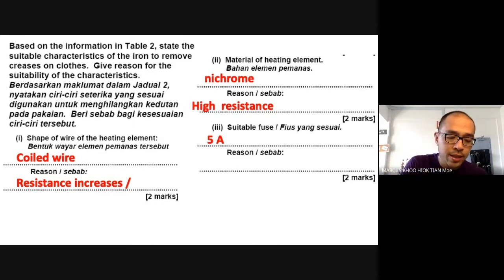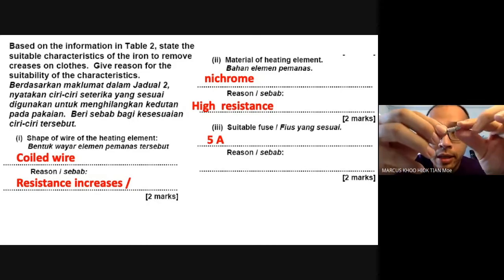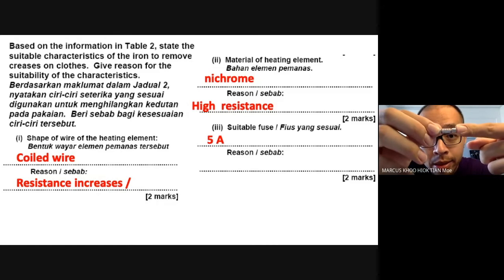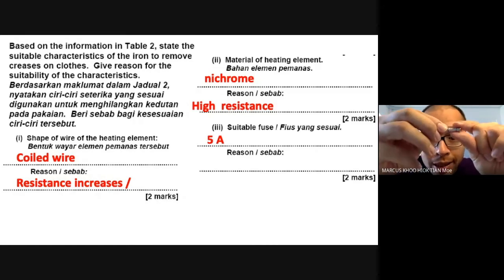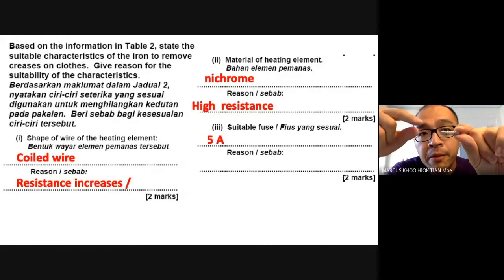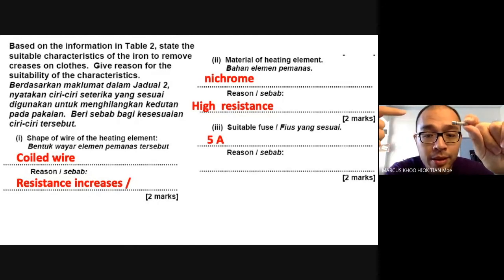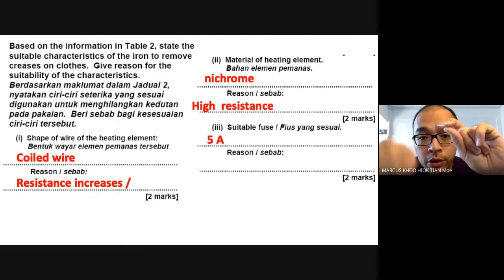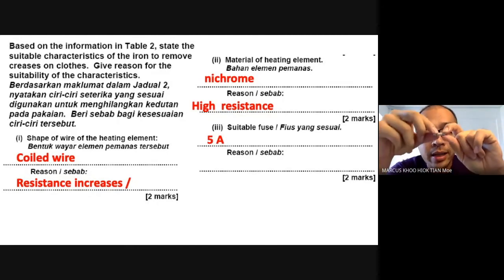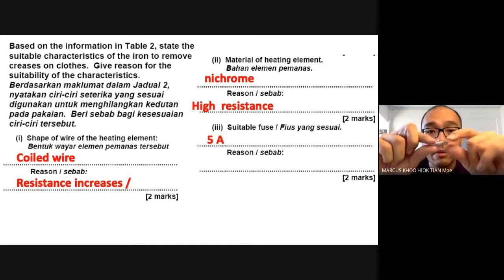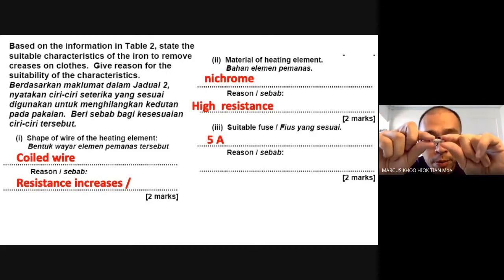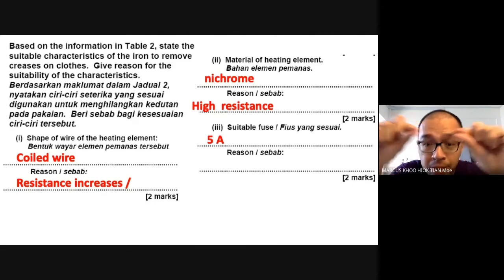So as I said just now, this particular fuse is 13 amps. That means if more than 13 amps of current flows into the plug, the fuse will automatically break. It is just a piece of wire actually. If you open this plastic, you actually look inside, it's just a piece of wire.